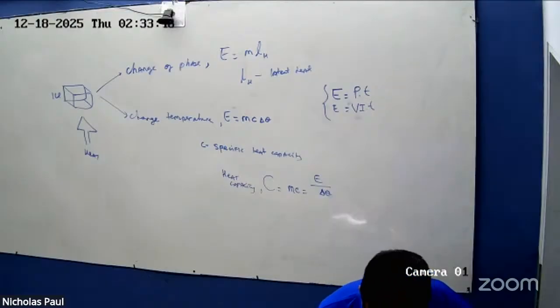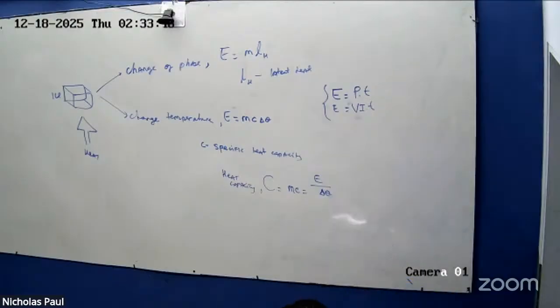In Form 5 we would also have done modes of heat transfer: conduction, convection, and radiation. Now we're going to apply formulas to all of that.